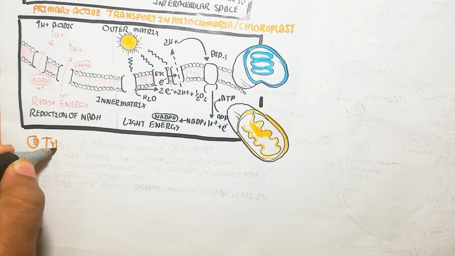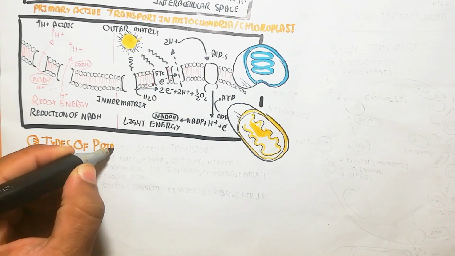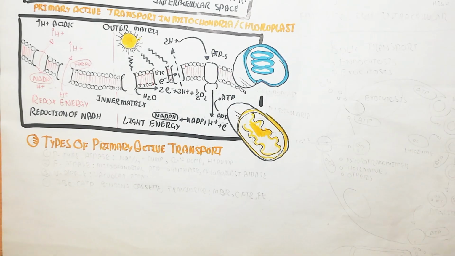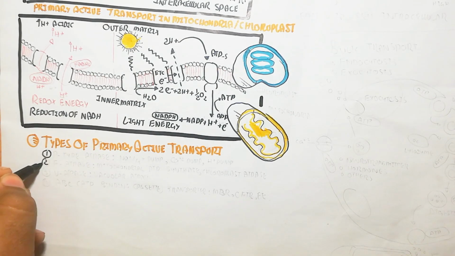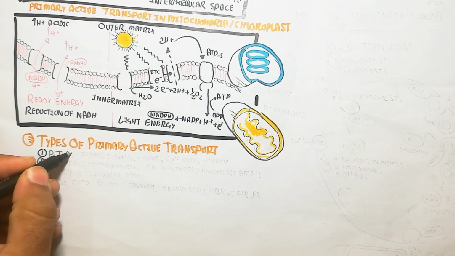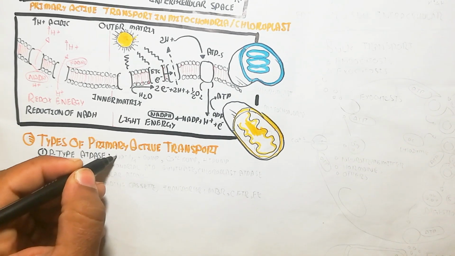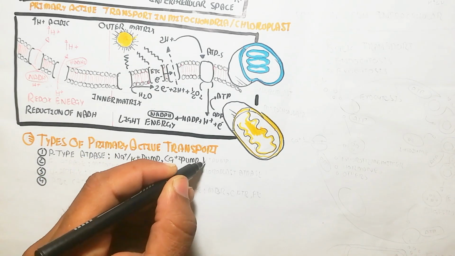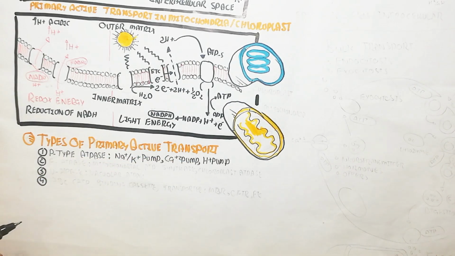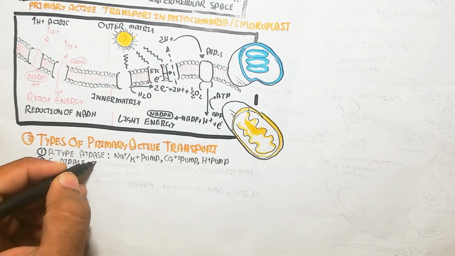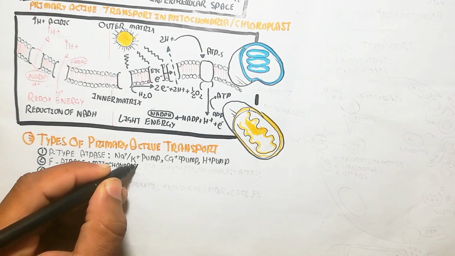So the types of primary active transport can be four. Number one, the P-type ATPase channel, like the sodium potassium pump, calcium pump and proton pump, as in the previous diagram. Number two is F-ATPase, the mitochondrial ATP synthase enzyme and chloroplast ATPase.